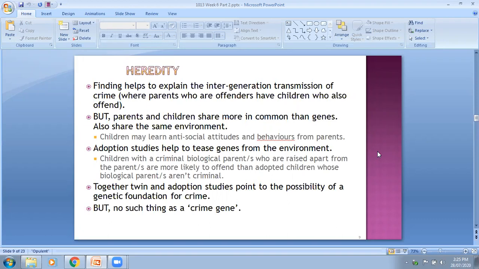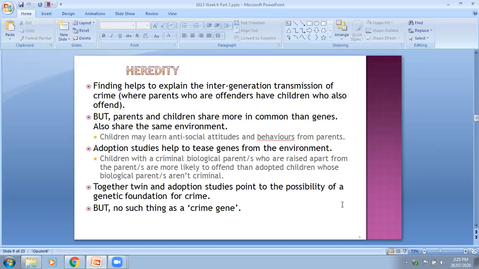We cannot say that genes 100% are affecting it here, but there is evidence to support it, as you saw in the video, especially with the adoption studies of the twins. So children with a criminal biological parent who are raised apart from the parent are more likely to offend than adopted children whose biological parents aren't criminal.